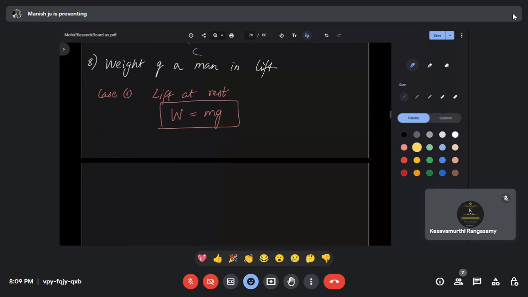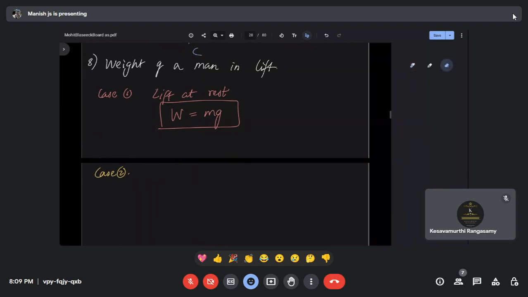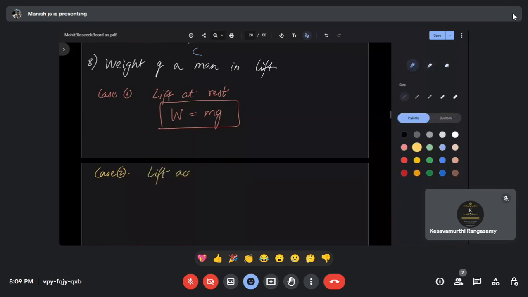Okay, then case 2, second case, when lift is accelerating upwards. When lift is moving upwards or accelerating upwards with acceleration a, then what is the weight?